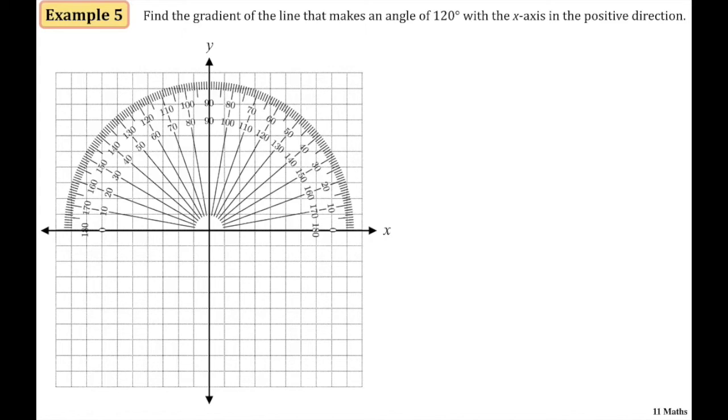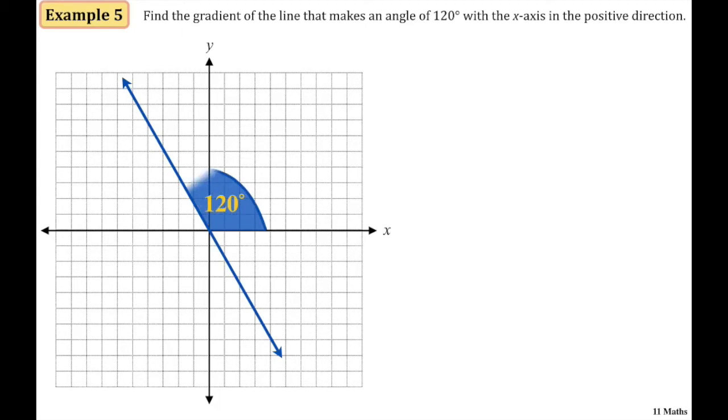And remember, I'm always measuring from the positive side of the x-axis, which means I have to measure around this way, because that's the positive side of the x-axis. Let's see what we actually generate. If I actually measured an angle of 120 degrees, there's my line that I could draw in from the position that I have the protractor in. Let's remove the protractor now, and there's my 120 degree angle.